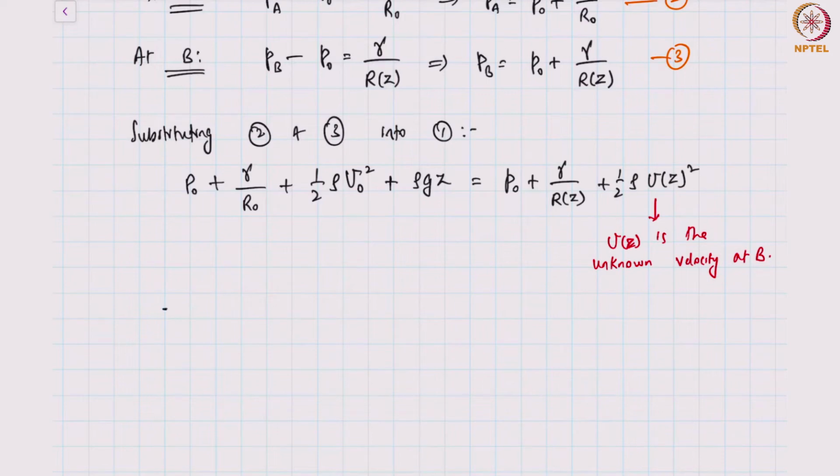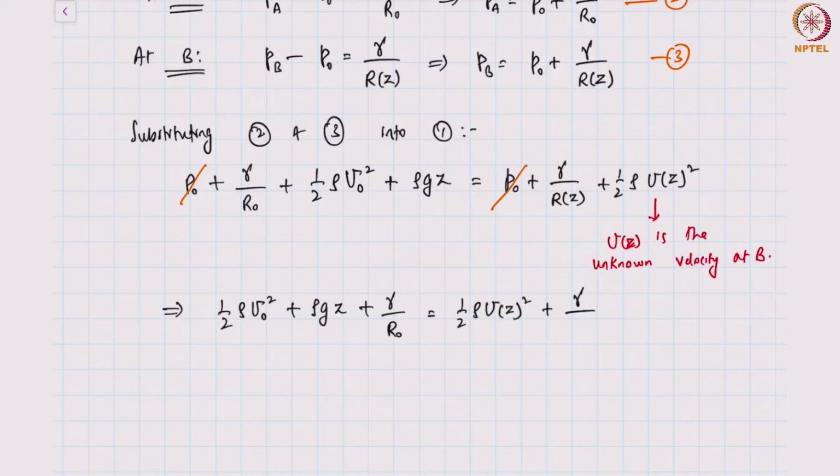And this gives me, I've already cancelled out P0 on both sides: half rho U0 square plus rho g z plus gamma by R0 is equal to half rho U of z whole square plus gamma by R of z.